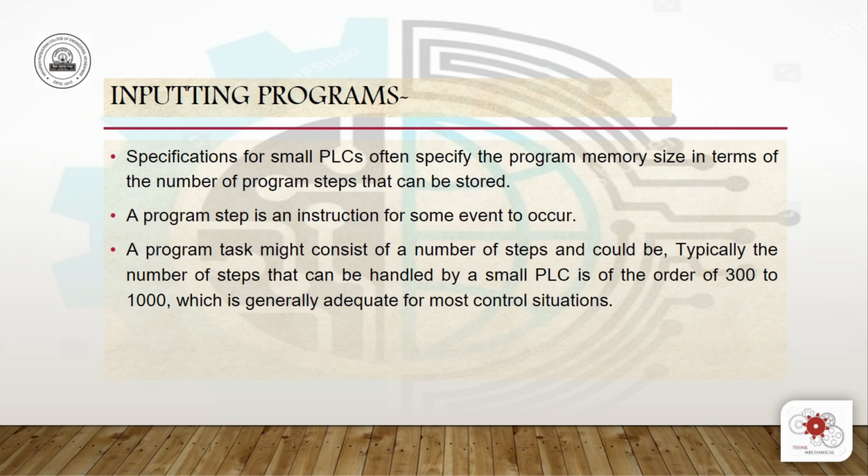So suppose we take the example of the automotive industry, where complete automation is nowadays achieved through PLCs only, but where the programs required for this automation are very large, and for that large PLCs are required. You cannot complete the entire process within 300 to 1000 operations.